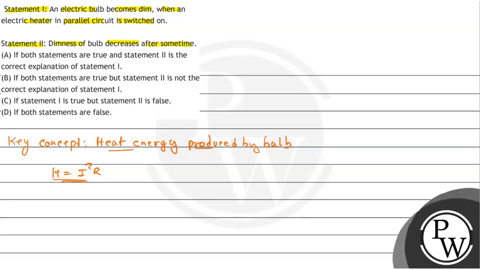Statement 1 में कह रहा है कि an electric bulb becomes dim when an electric heater is in parallel circuit and is switched on, right? Means let's say we have a 220 volt power supply here, and we have a bulb which is parallelly connected with heater, right?